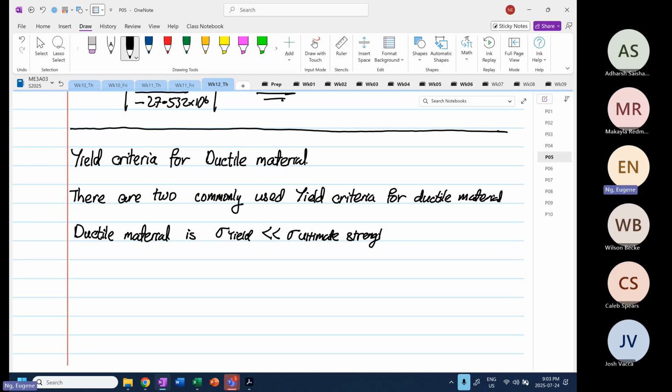So that is our definition for ductile material. There are two very commonly used criteria, and the first one is known as the maximum shear stress criteria.